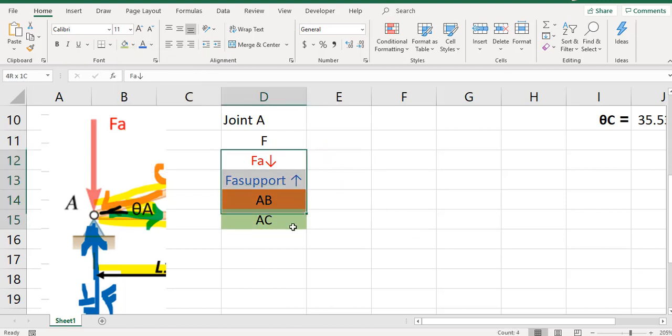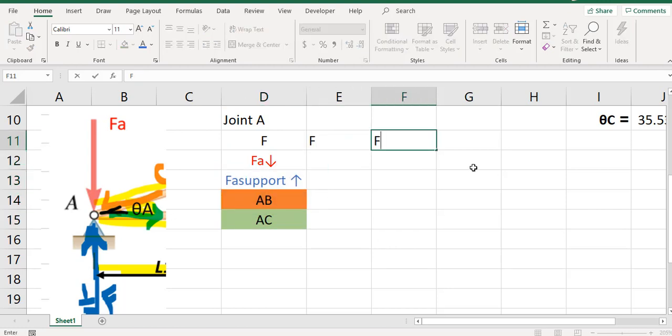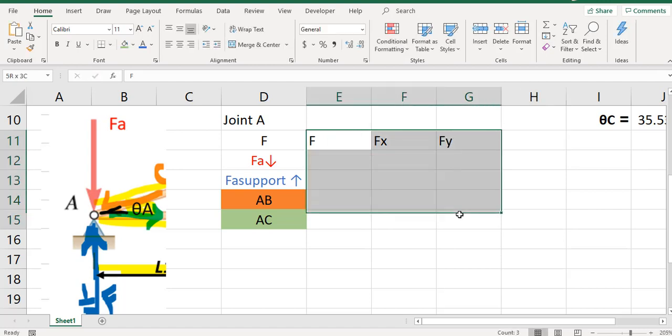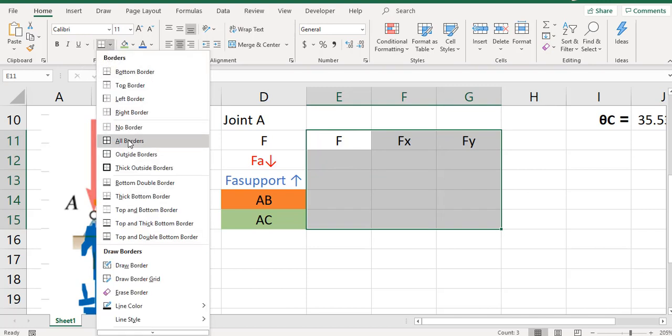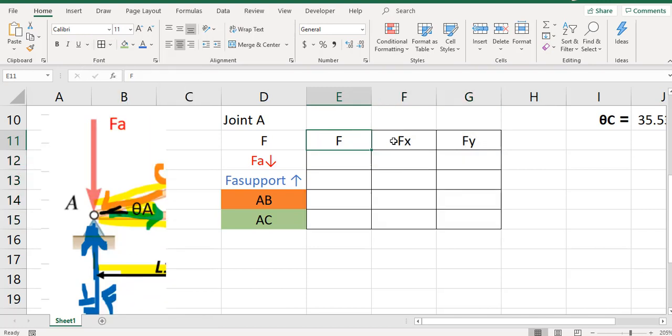Okay, so I have one that's just going to label everything, and we're going to have the magnitude of this, and then what's happening in the X direction and what happens in the Y direction. And all of these are going to have to add together to 0. So let's make a nice big table for everything.